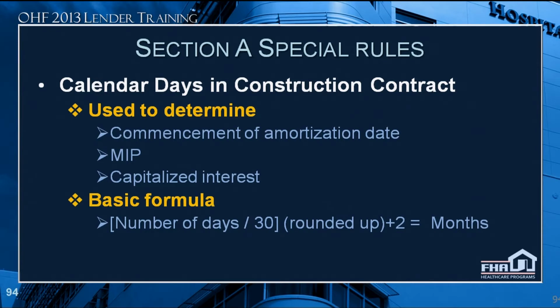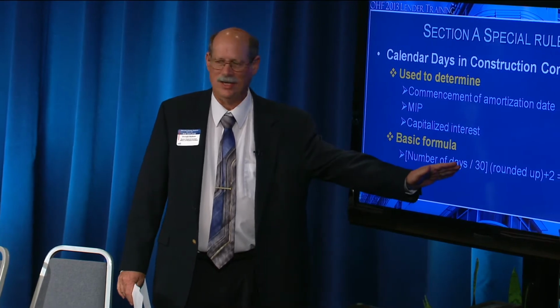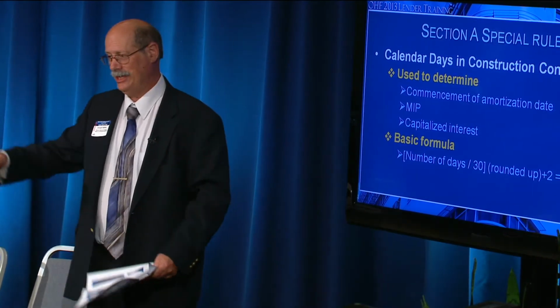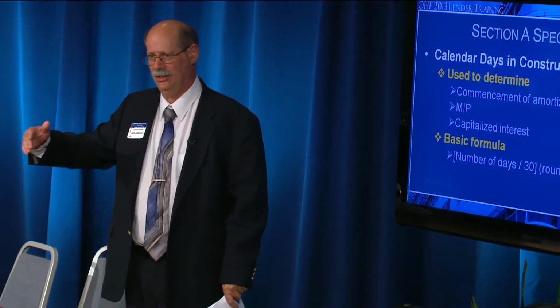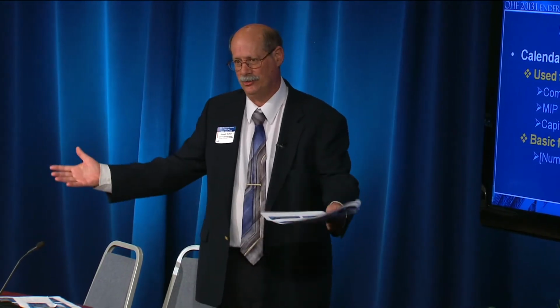And you say, well, what's the basic formula that we use to determine the construction period in here? What we do is we just assume every month is 30 days. Isn't that nice? So basically, we're going to take the number of days in the construction contract and divide that by 30. If it comes out to be 27.65 or whatever, we're just going to round it up, so we're going to make it 28.